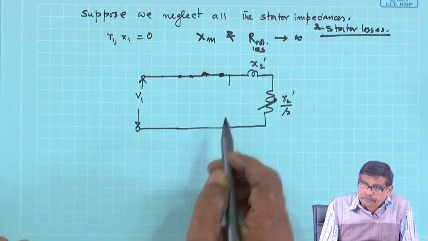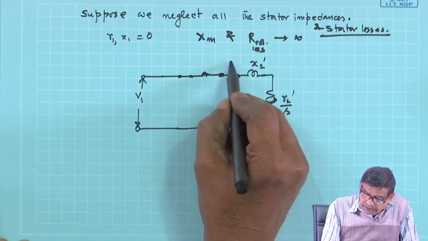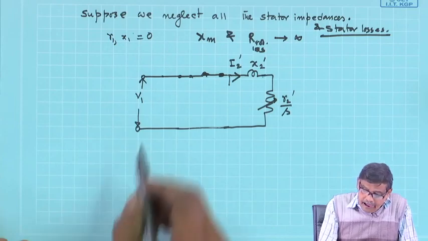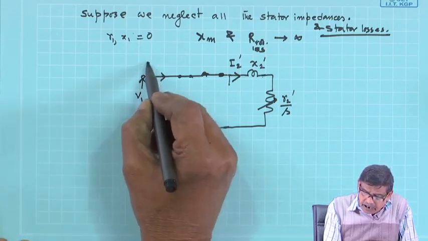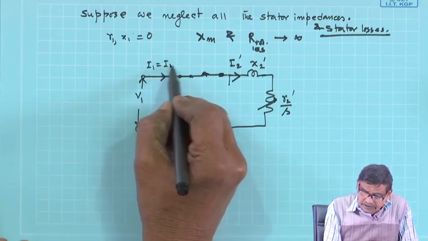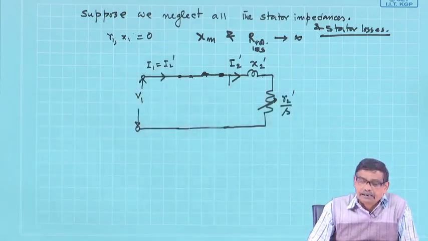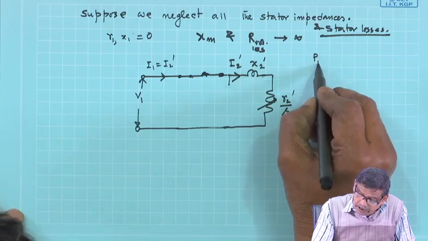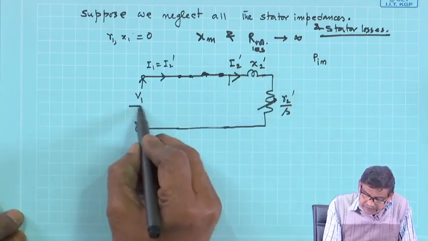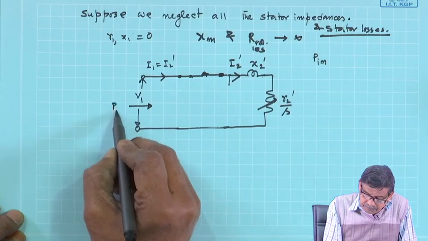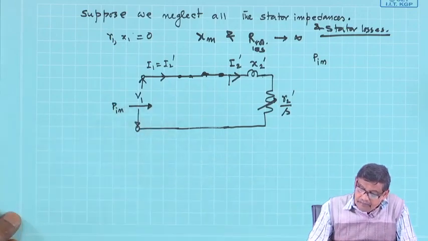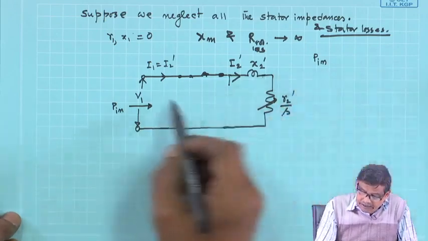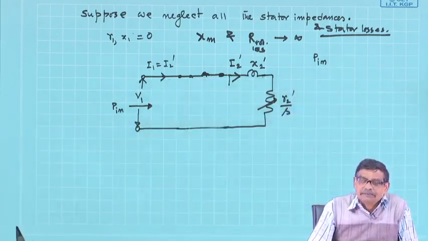Suppose this current is I2 dashed, and this will be equal to your I1 is equal to I2 dashed in this approximate case. Now, what is the input power? P input is here, and after this P input there is no losses on the stator.